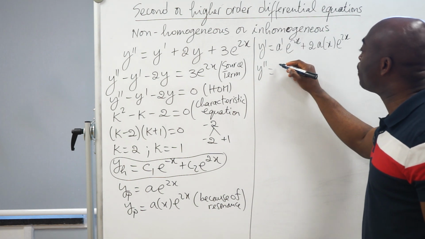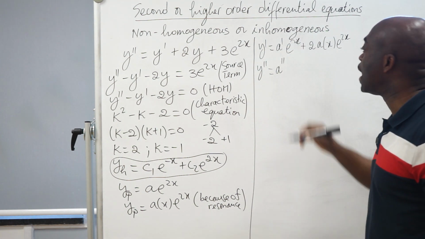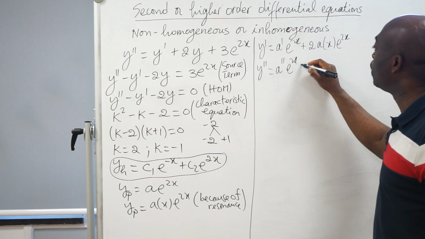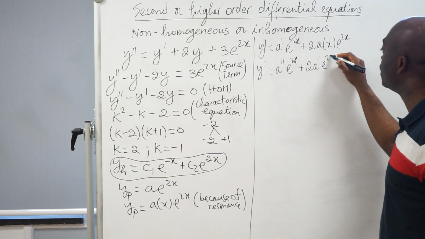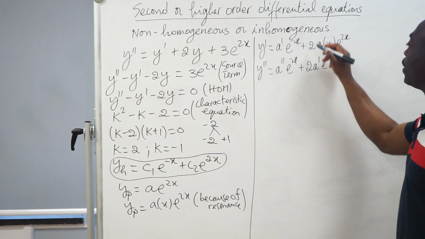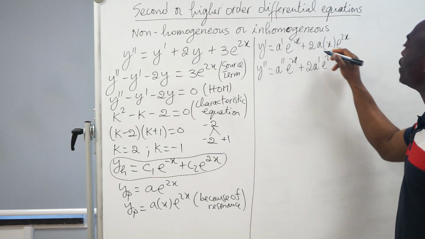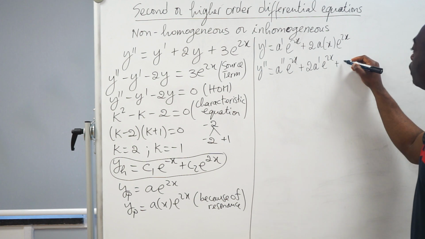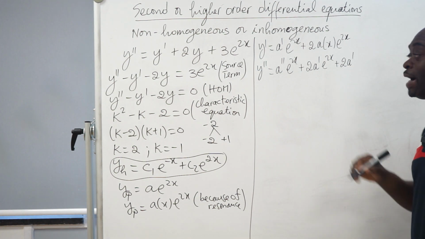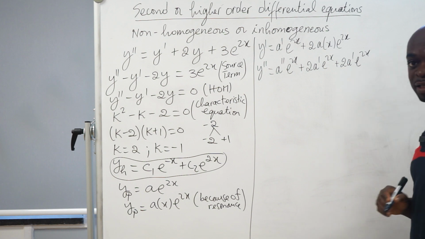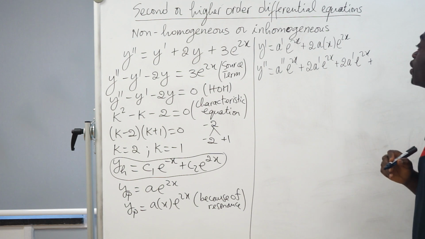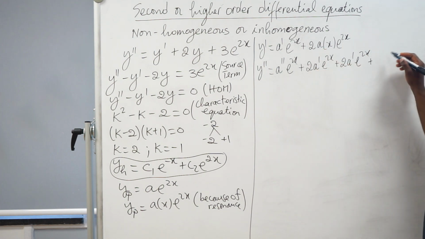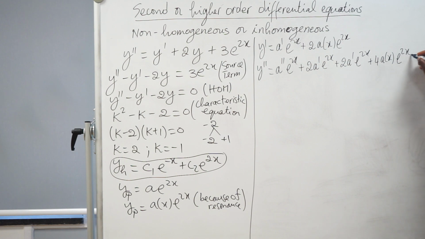The derivative of a prime gives us a double prime times exponential 2x, plus 2 times a prime exponential 2x. Then we do the same thing here: the derivative of this one gives us 2a prime times exponential 2x, and then the derivative of exponential 2x is 2 exponential 2x times the 2 which is already here, which gives us 4a of x exponential 2x.